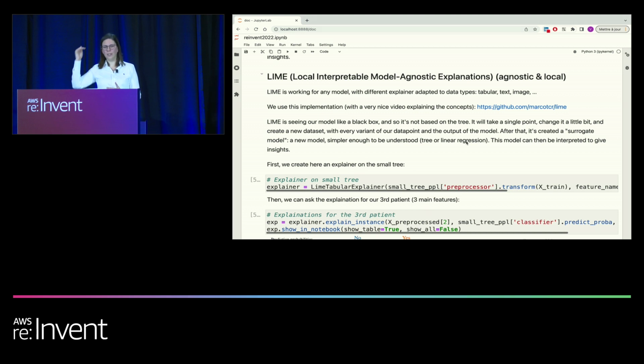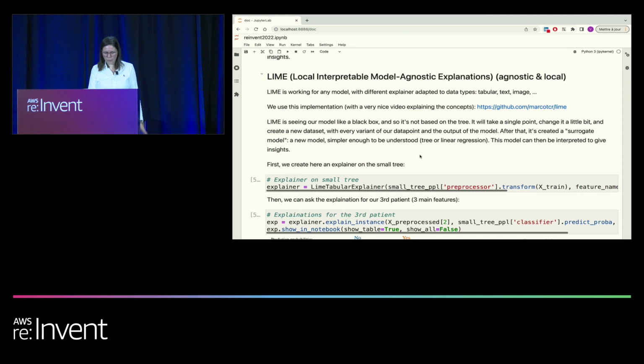The new data set is your data point and slightly different versions of your data point with the corresponding outputs. And then with this data set, you are creating a very simple algorithm, something like linear regression or a small decision tree, and then you will look at this model to understand what is happening.